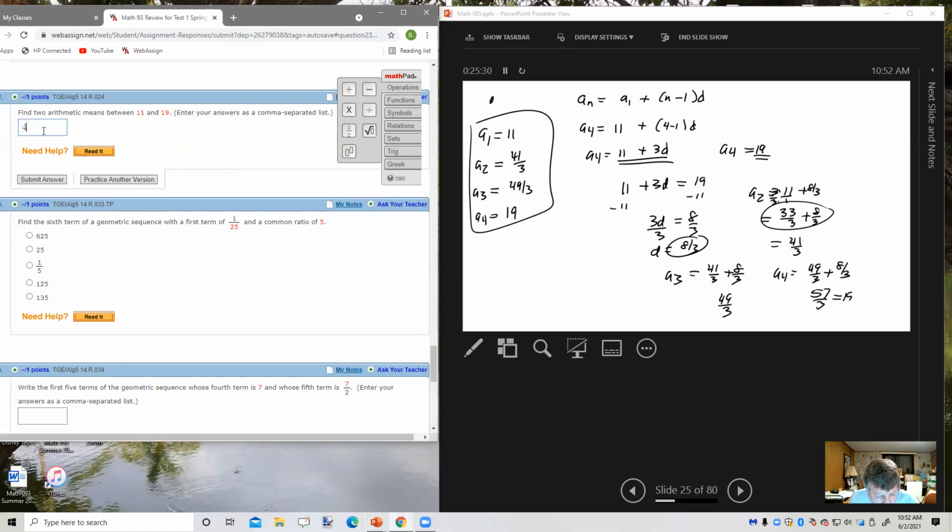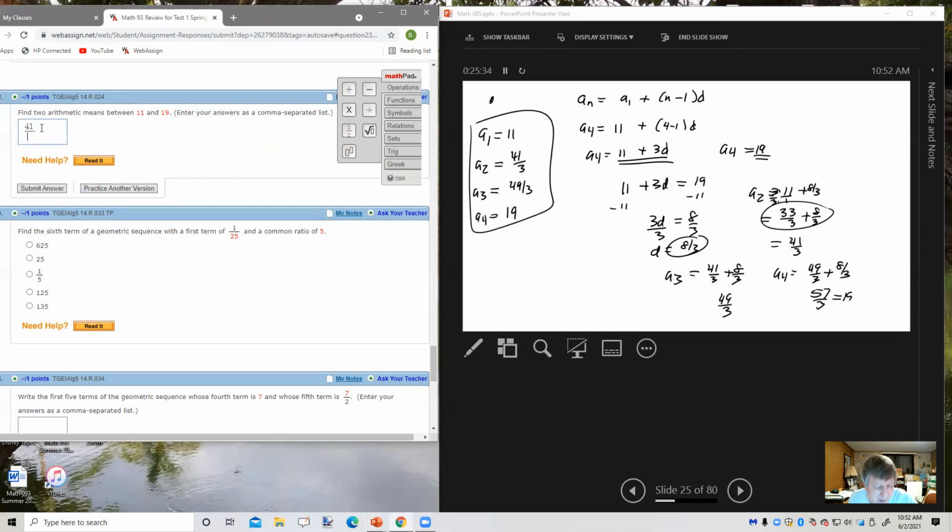So it's going to be 41 divided by 3. And then I need to move the cursor over outside of the fraction, comma, space, 49 divided by 3. Again, make sure you don't put the comma down underneath there.